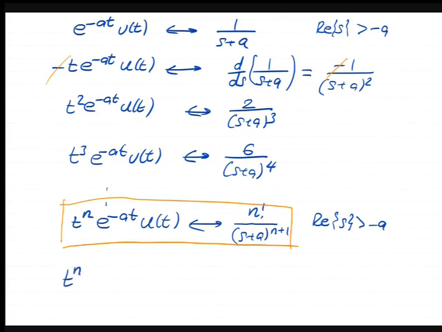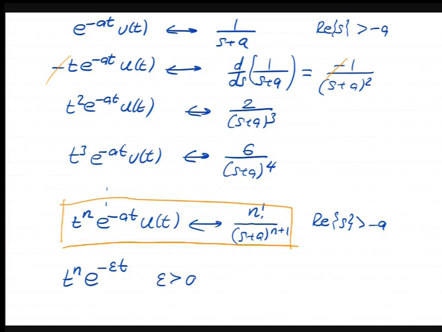What happens to t to the n times e to the negative epsilon t, even if epsilon is very small but positive? Who wins this struggle? T to the n wants to explode. E to the negative epsilon t wants to converge to 0. There's a disagreement. Who is more powerful? Exponential always wins. Polynomials are weak compared to exponentials. So this will go to 0.